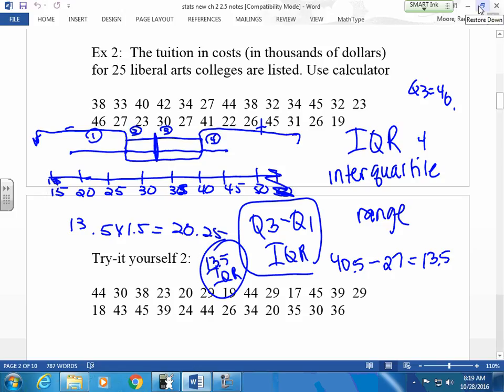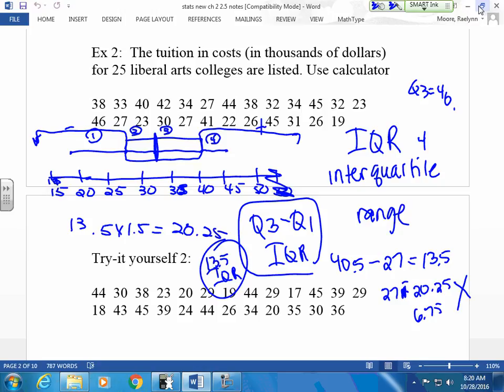Quartile 1 is 27 minus 20.25. So this is going to be 6.75. Do we have a number that's less than 6.75 in your data? No, our minimum was 16, 17 somewhere, right? Our minimum was in the teens. So there's no outliers up front.